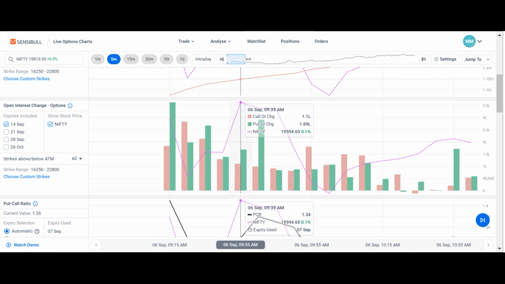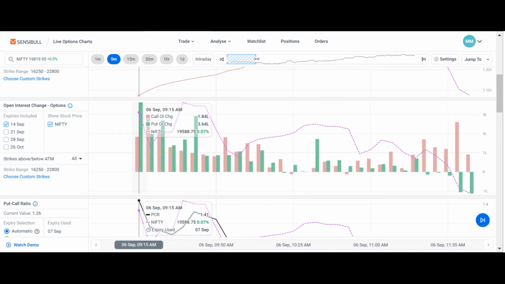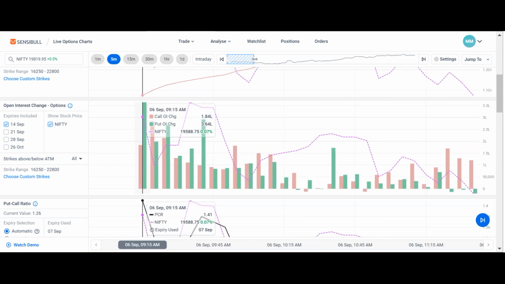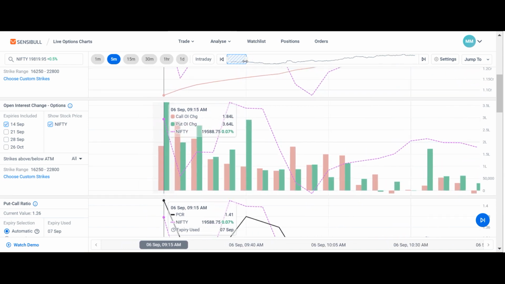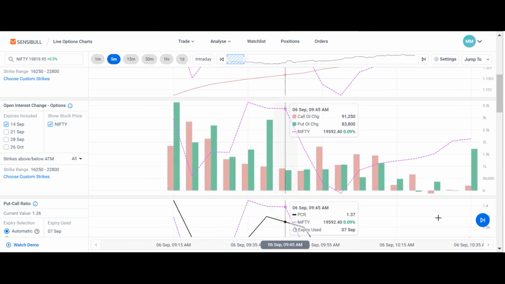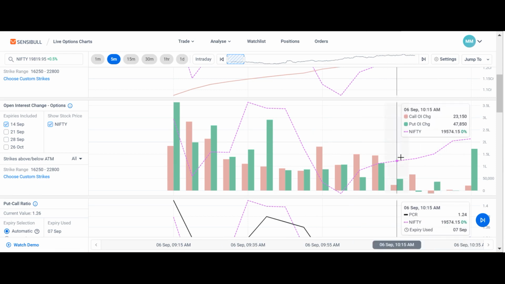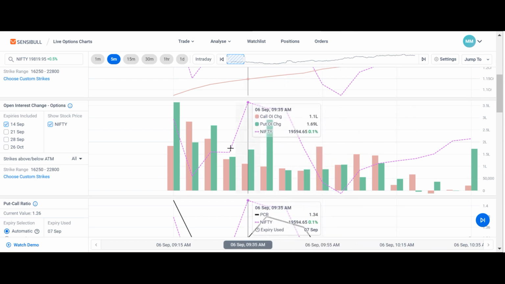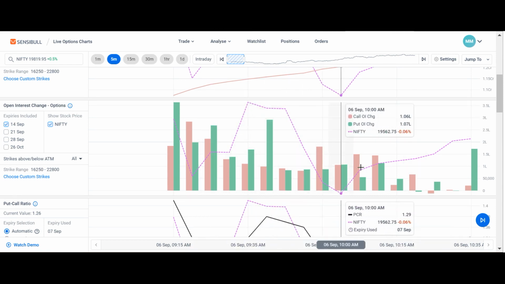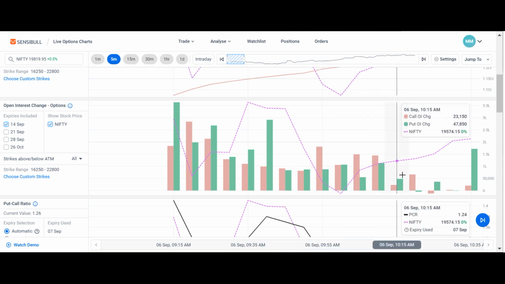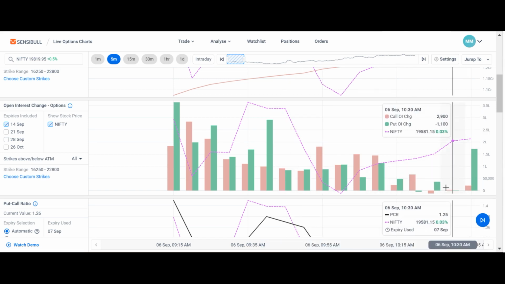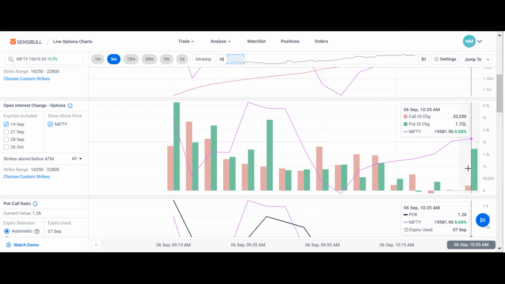So if you move our data to 10:30, right, at 10:35 there was a momentum happening. These guys are taking it. Whatever put positions they had, they were closing slowly. Now the market went down, exactly at this point.